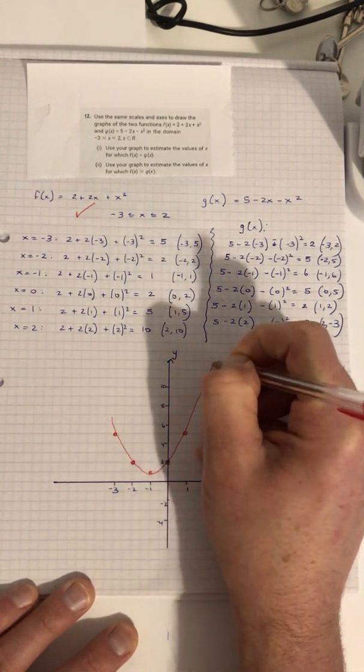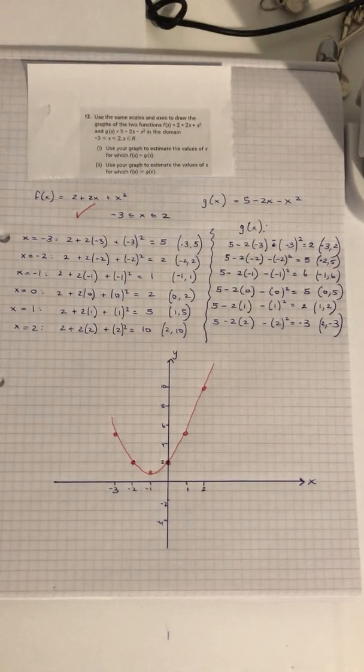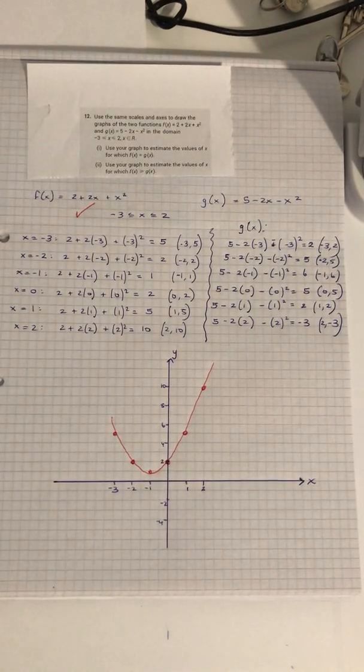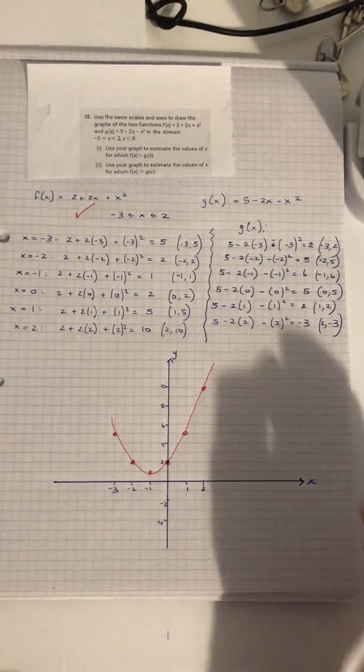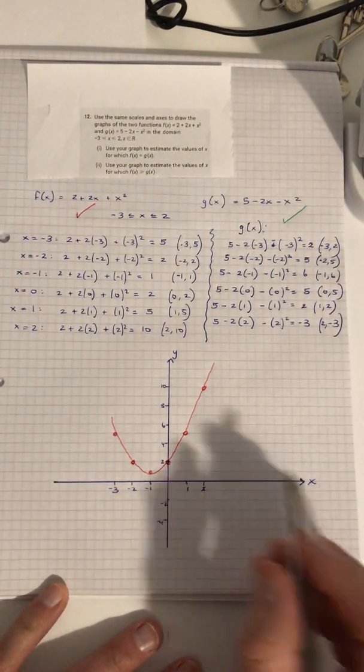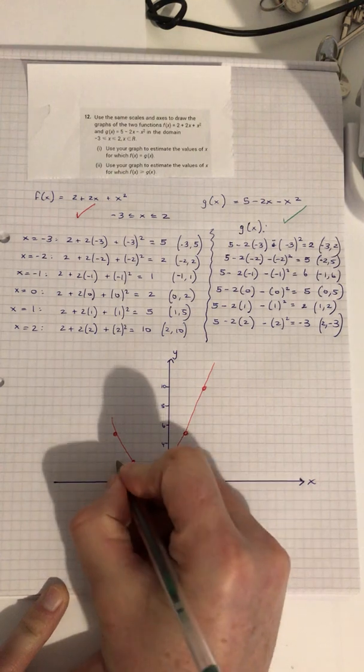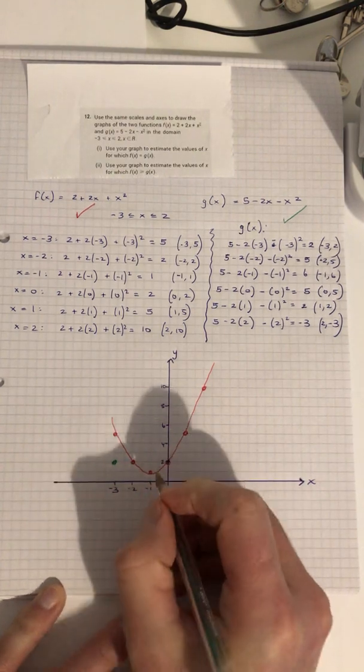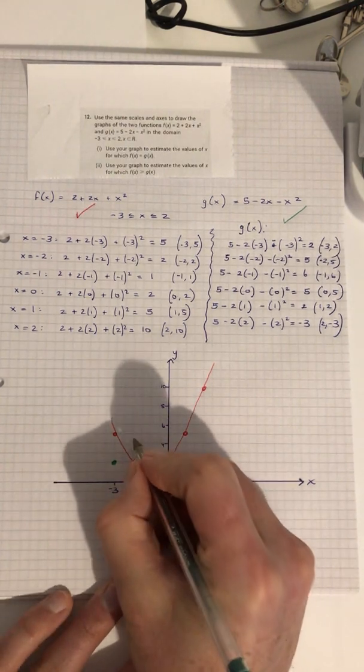Like so. And I'm going to plot the second graph in green. So this one will be in green. Okay. So minus 3 up as far as 2. Minus 2 up to 5.